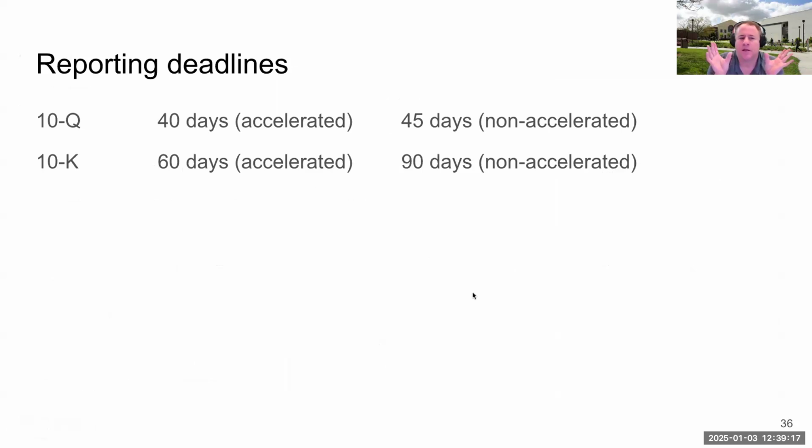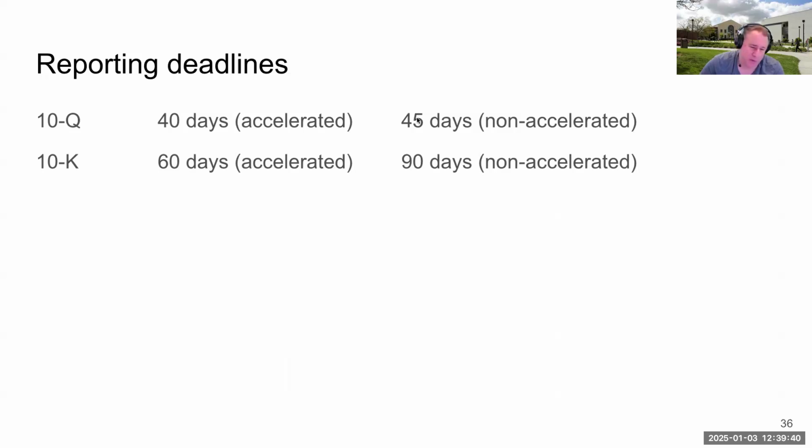So when do I have to file? With an 8-K, and I'll show you those different ones, it's generally within 4 business days. However, if I'm an accelerated filer, I have to file my quarterly report within 40 days and my annual report within 60 days.